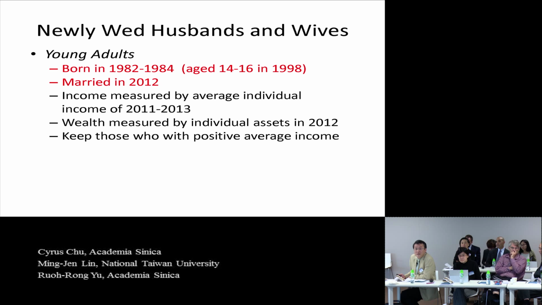That's why we restrict to children. We can identify, say, 1998, the earliest time we have the tax data. They are still dependent in 1998, so we can identify who their parents are, and then we analyze the behavior in 2013.